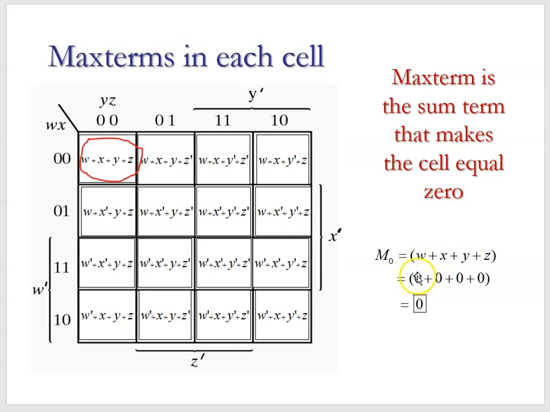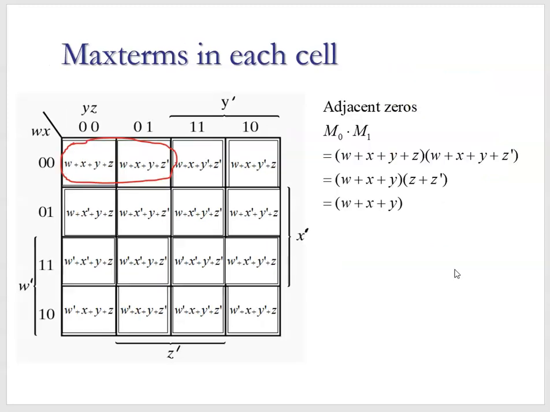So if they're each 0, 0 or 0 or 0 or 0 is the only thing that's going to give us a 0. Whereas if it was a min term, it was w prime and x prime and y prime and z prime. For our max terms, we do not complement when the variable is represented by a 0 in that cell. And again, that's because we're looking for the OR term that is represented by a 0. That's our definition of the max term.